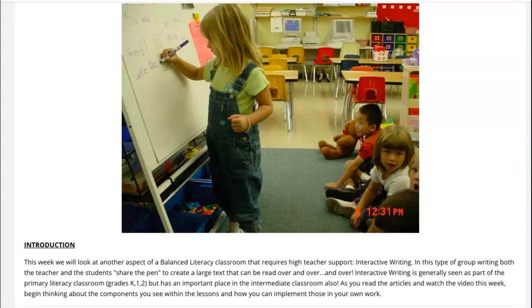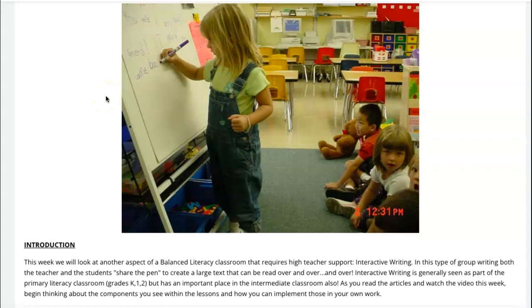The second element is talking to establish a purpose for the interactive writing. Establishing purpose is an extremely important part of the learning process in interactive writing. This helps young children learn that writing serves many different functions.